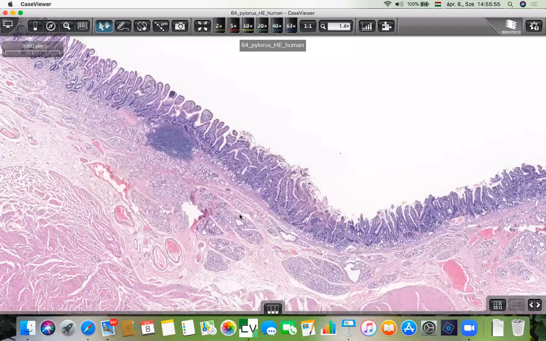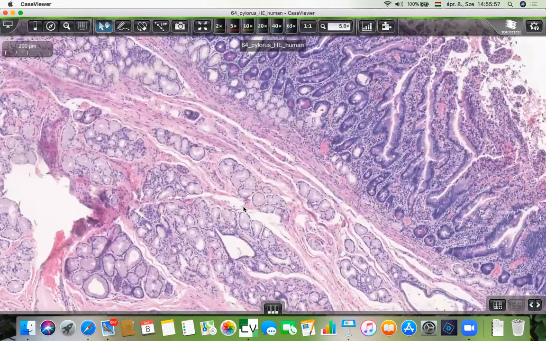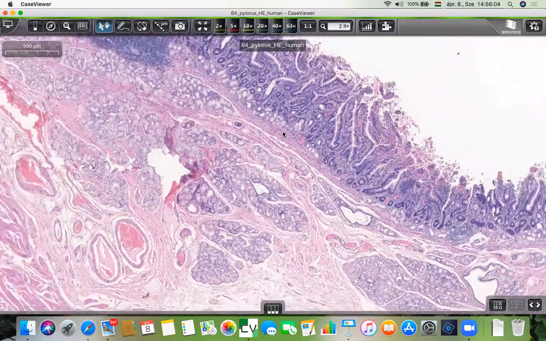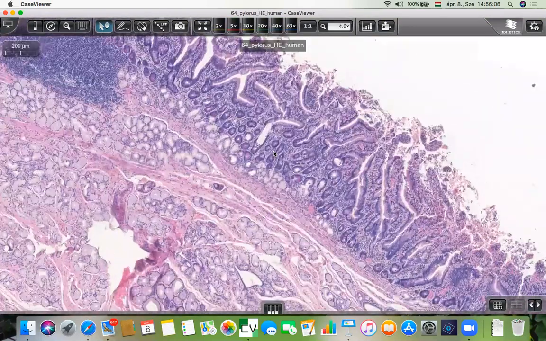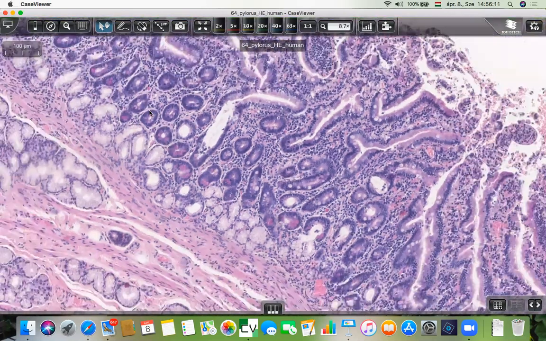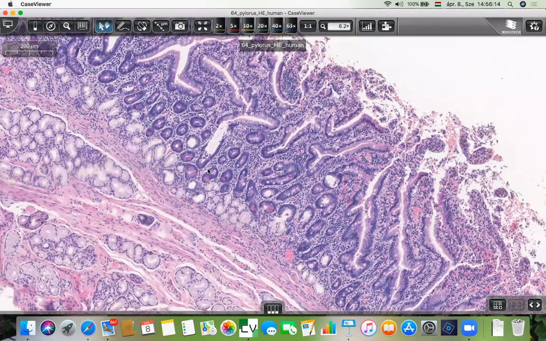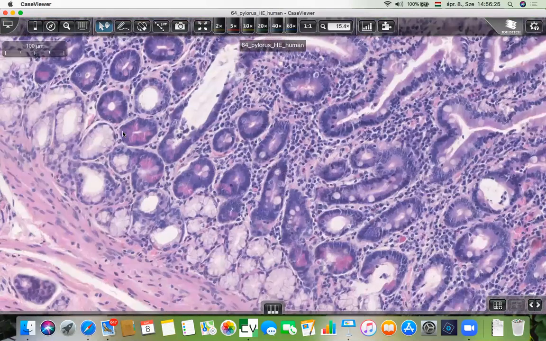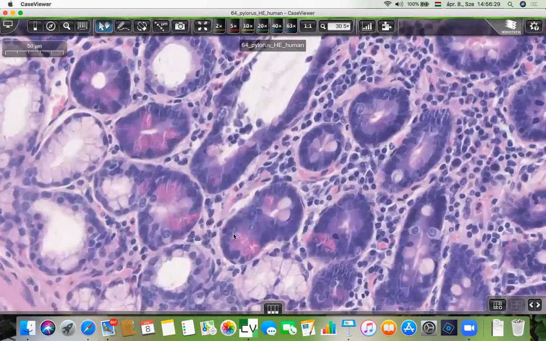So this is the duodenal surface, and here we can see the Brunner's glands in the submucosa. But look at that, it's really weird because there are darkly stained areas a little bit similar to the basal parts of the gastric mucosa, but they are Lieberkühn crypts, just a little bit darkly stained, and numerous Paneth cells are present here.